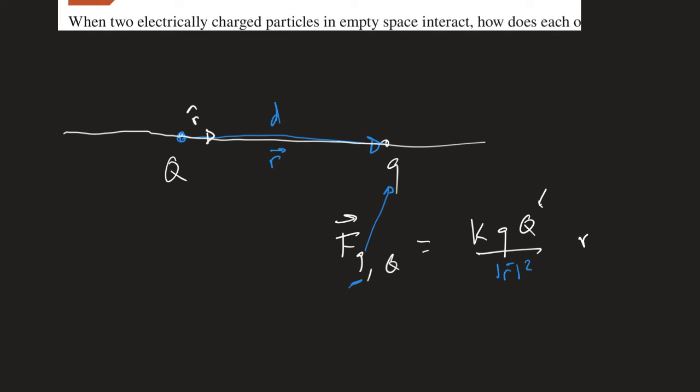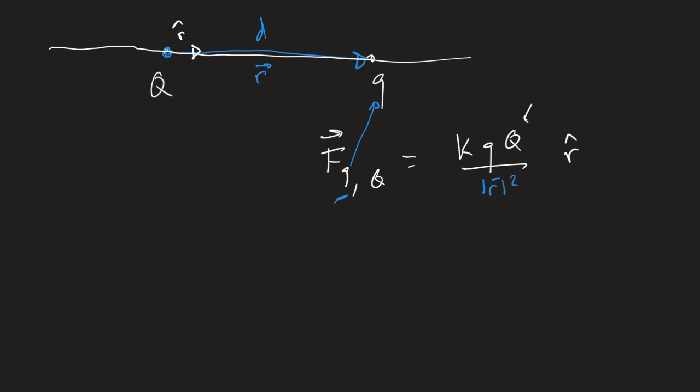So the force acting on little q due to capital Q is little q times kQ divided by the magnitude of r squared, times the unit vector r.